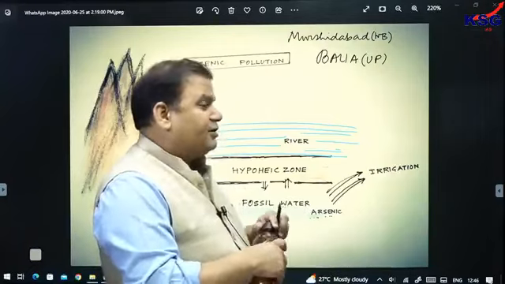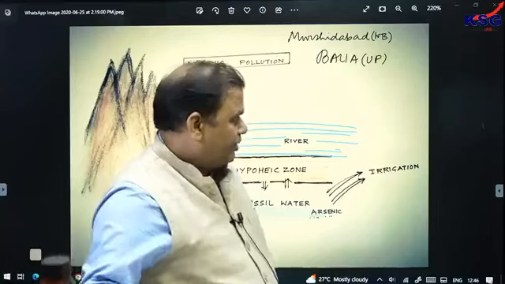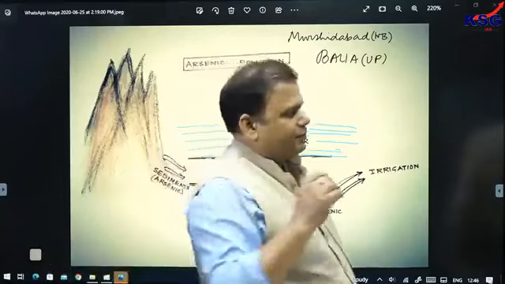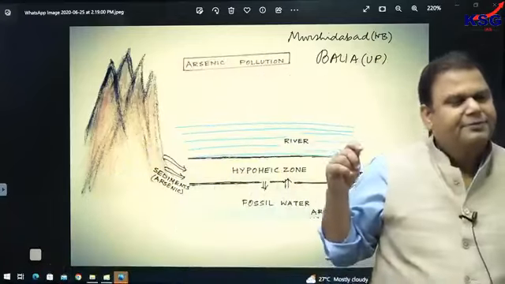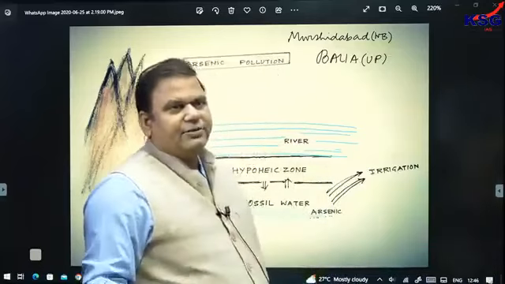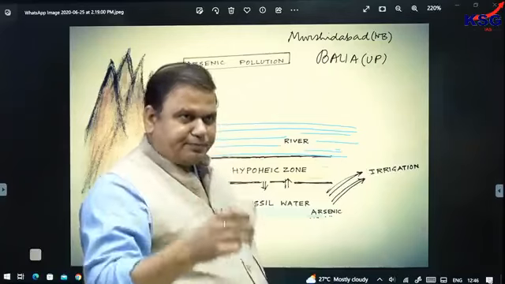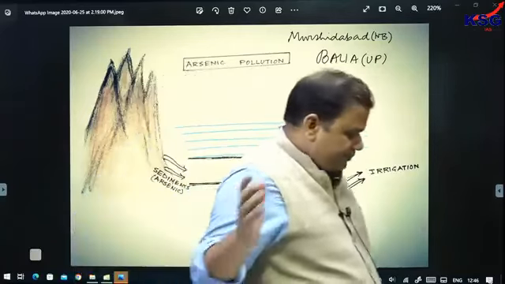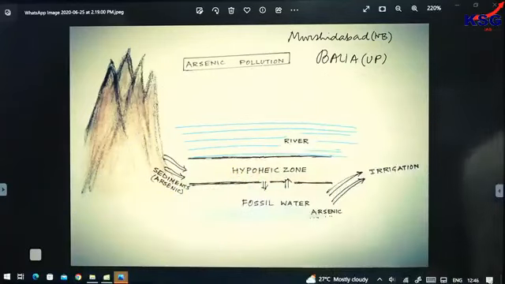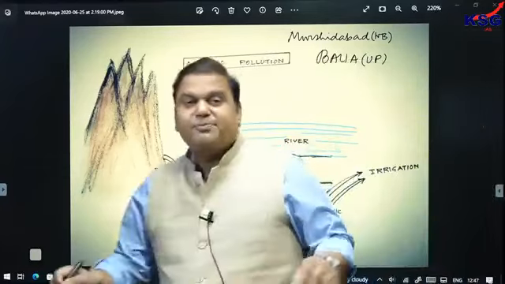The areas affected include Punjab, Haryana, UP, Bihar, West Bengal.